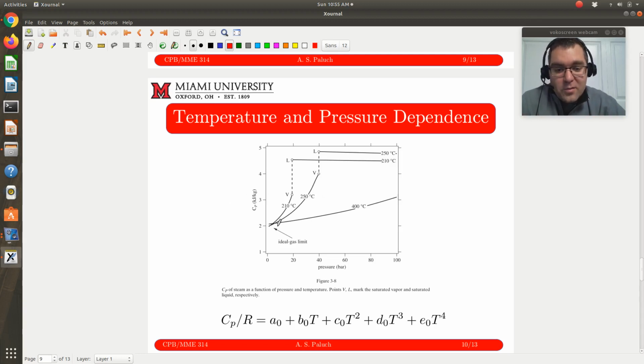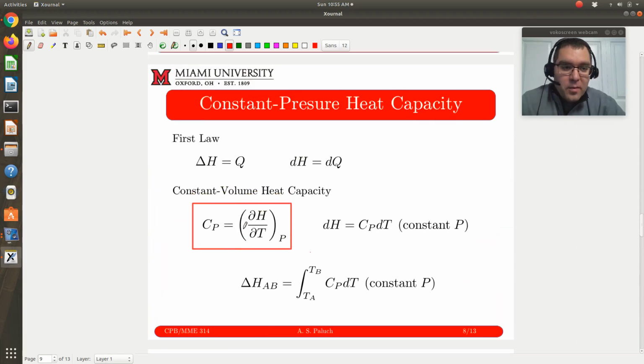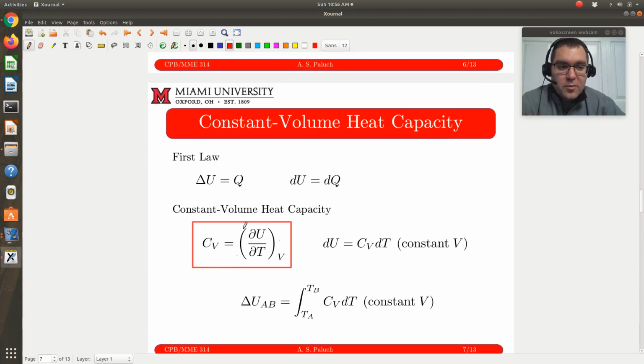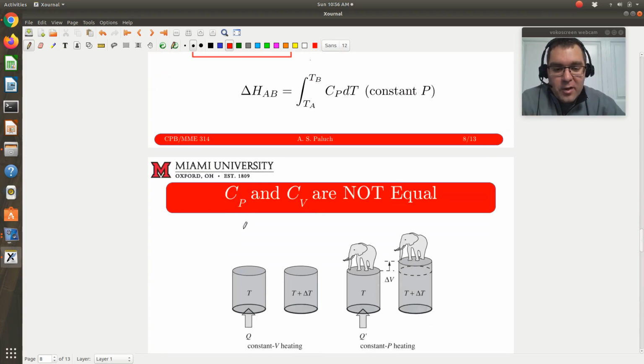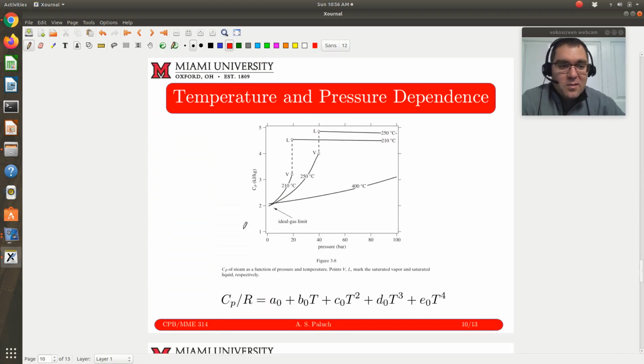But as we get to the ideal gas limit, what's key is that for an ideal gas, as the text shows, enthalpy and internal energy are only a function of temperature. So for an ideal gas, heat capacity is likewise only a function of temperature. And what they're trying to show you here is this ideal gas limit.